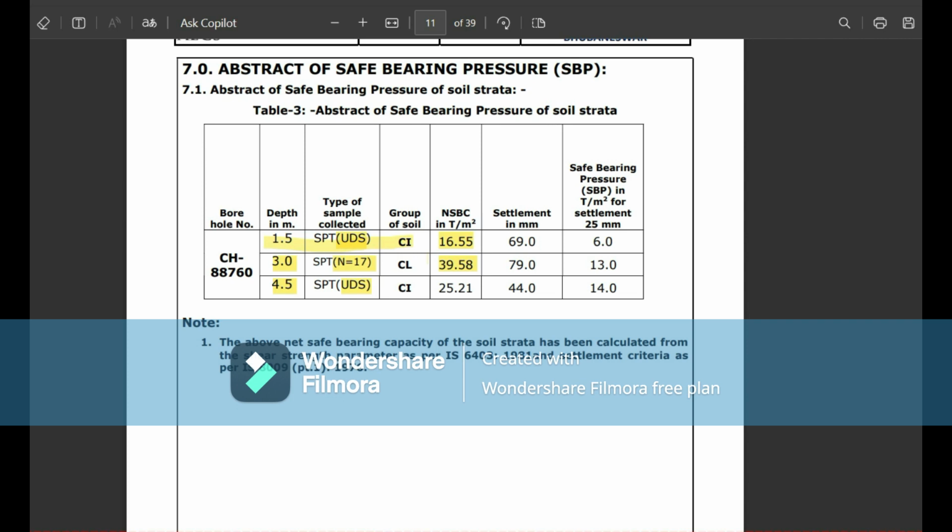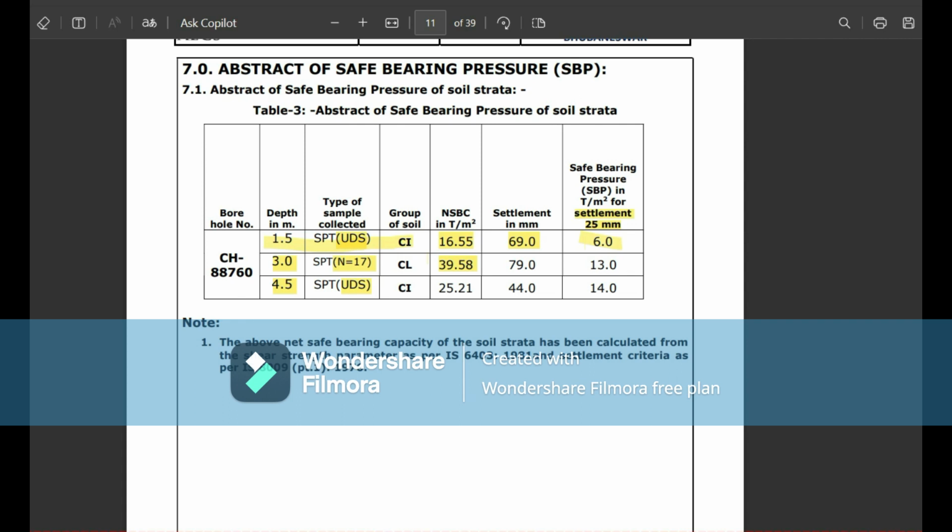At 3.3 meter depth, the soil has a bearing strength of 39.58 ton per meter square. At 1.5 meter depth, settlement can happen up to 69 mm as per lab test. For settlement of 25 mm, the safe bearing is 6 ton per meter square.